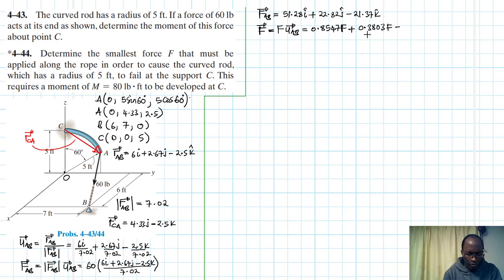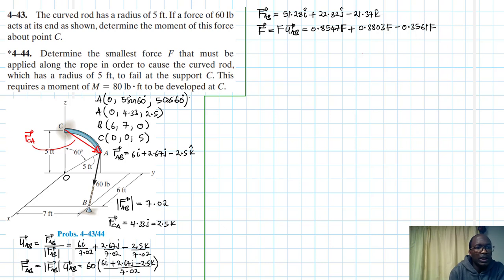Then minus 2.5 divided by 7.02, this is 0.3561F. Okay. So 6 divided by 7.02, 0.8547. 2.67 divided by 7.02, 0.3803. 2.5 divided by 7.02, 0.3561. Right. So we have this general expression. This one we need for case 2.